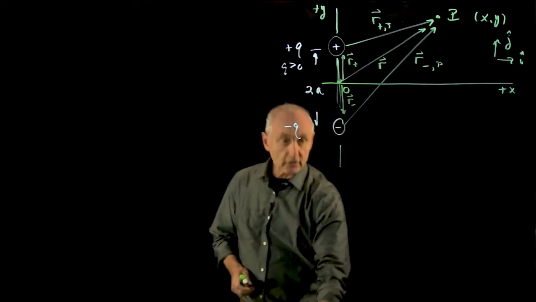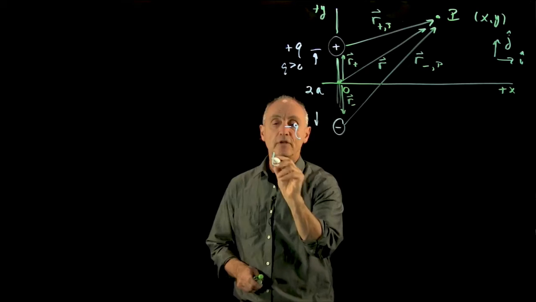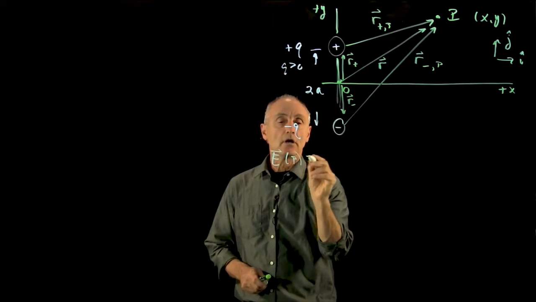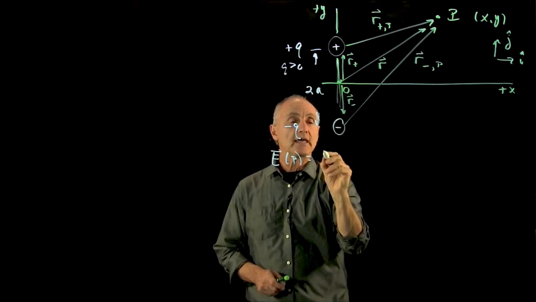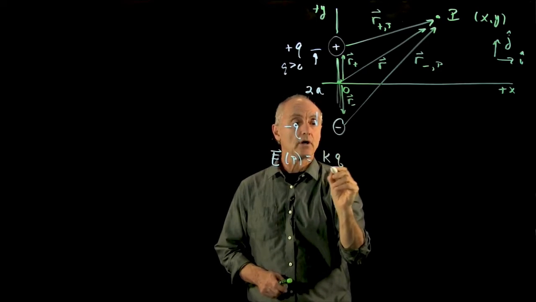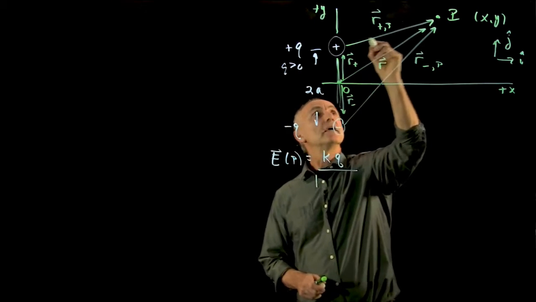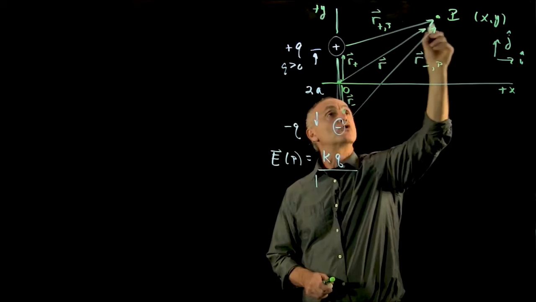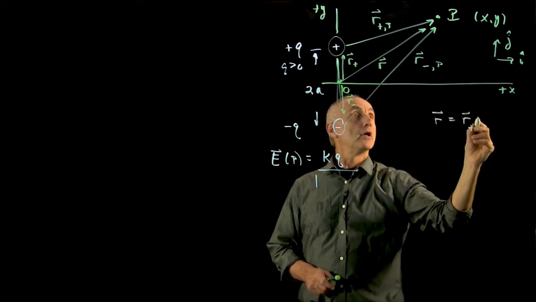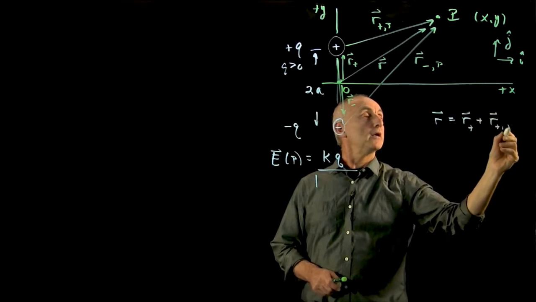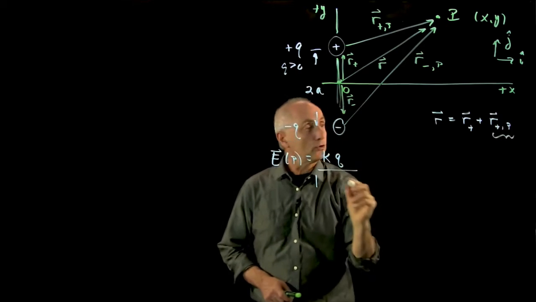And now, when we calculate our electric field, we have to write it out in terms of a linear combination, the linear superposition principle. And so our field is k plus q times the vector. Now, we wrote it, remember our vector triangle, where r is equal to r plus r plus p. And so what we have here is this was the key vector in Coulomb's law.